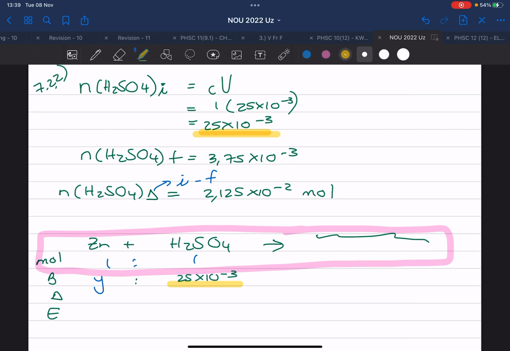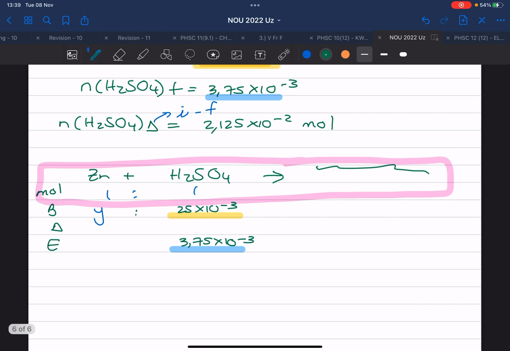Aan die einde is my swaalsuur 3,75 maal 10 to the mag minus 3. As mense dieselfde antwoord kry, as dit negatief, dan kan jy dit maar net positief skryf. So ek wil weet hoeveel van hierdie het gereageer. So die minus van mekaar is minus 2,125 maal 10 to the mag minus 2. So that's what I basically went and calculated.